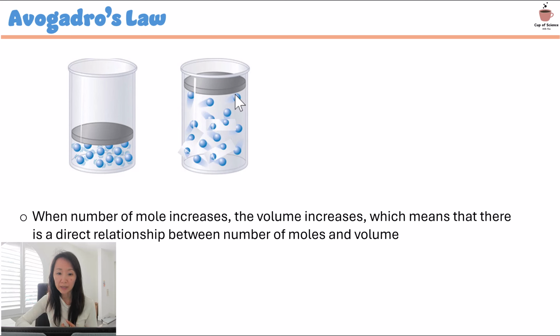So in other words, when the number of moles increases, the volume increases. And that goes the other way around. If the number of moles decreases, the volume will also decrease. This means that there is a direct relationship between the number of moles and volume.